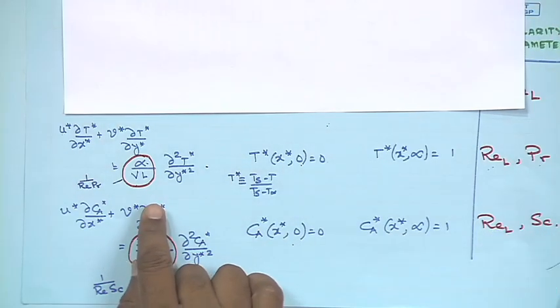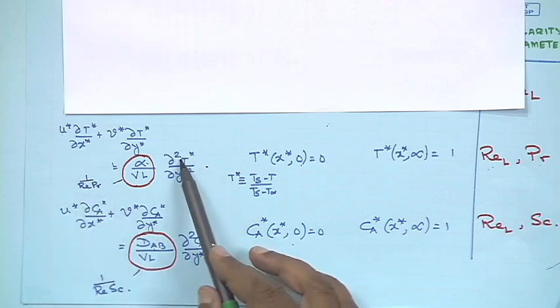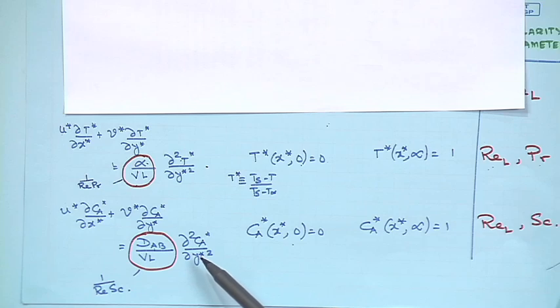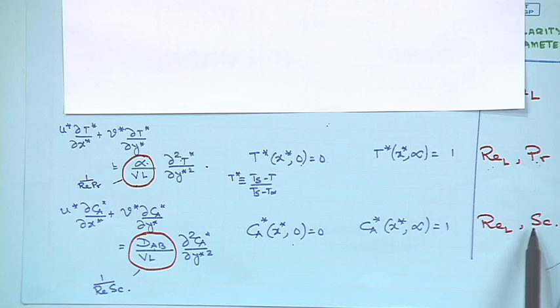So, if you concentrate on the heat and mass transfer part of it, you would see that Reynolds numbers are the same for the case of heat transfer and mass transfer, and at the same time the Prandtl number and Schmidt number are also the same.